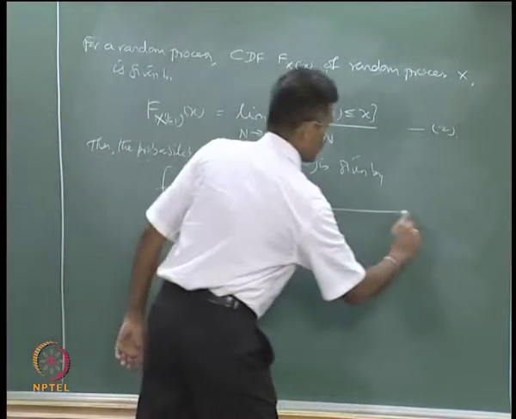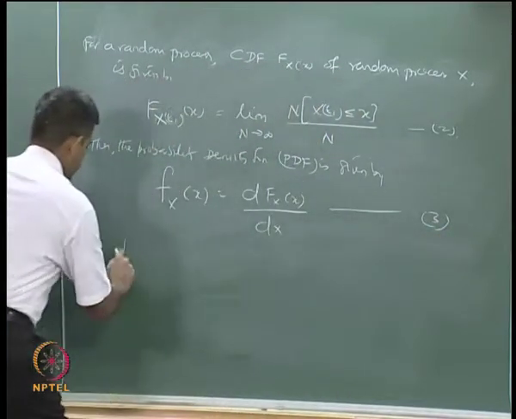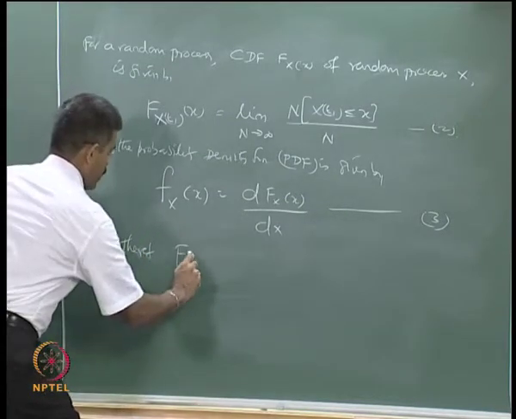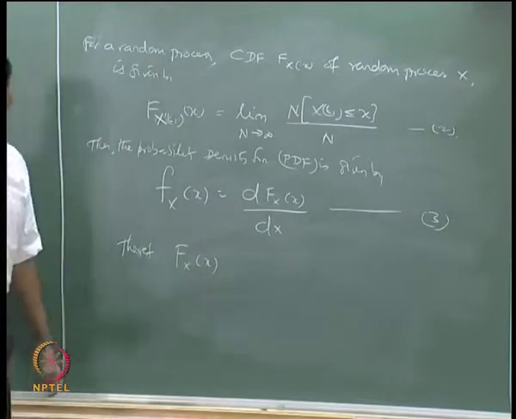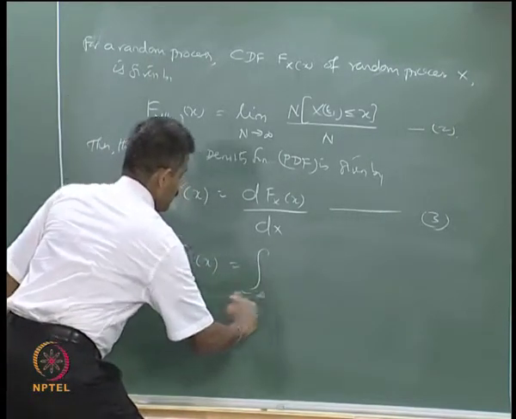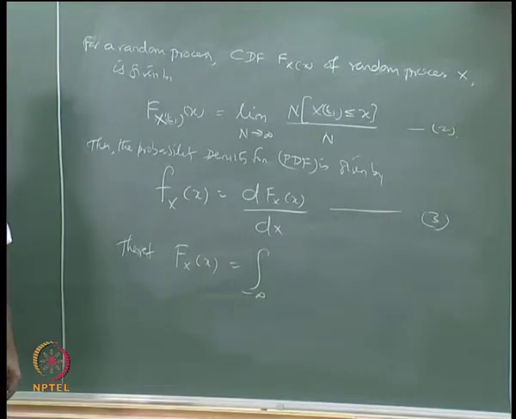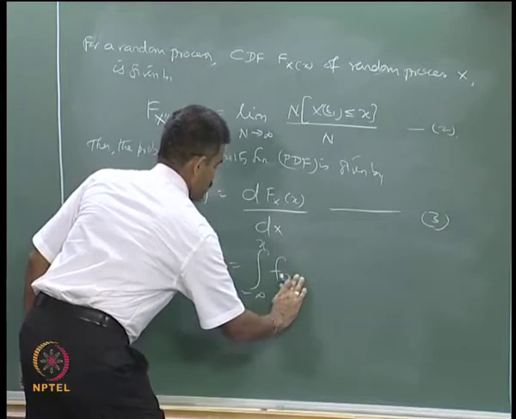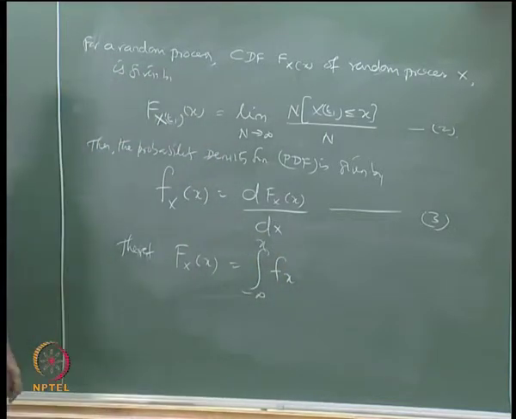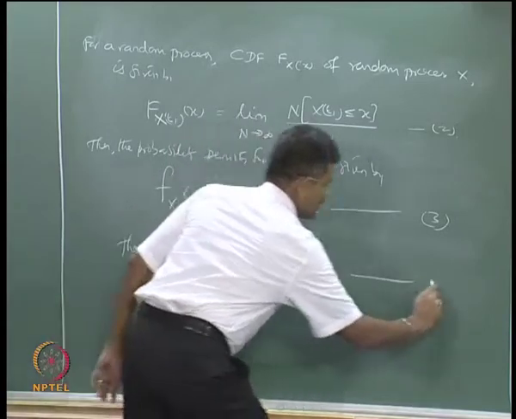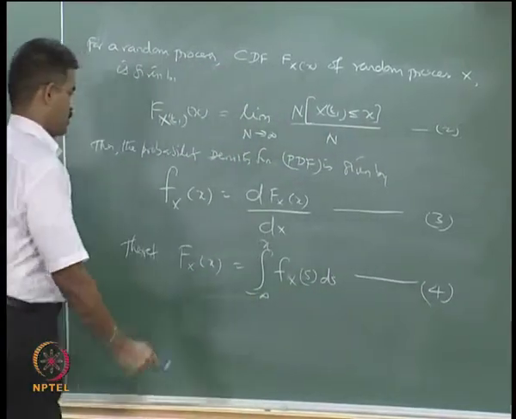So, equation number 3. Therefore, f of x can be said as the integral up to x of f of x of s ds, which is a converse of this.